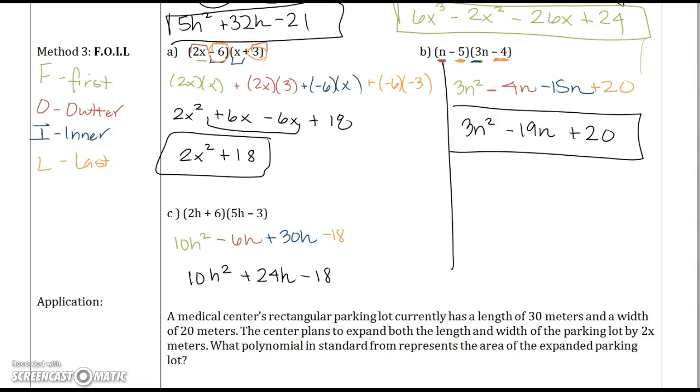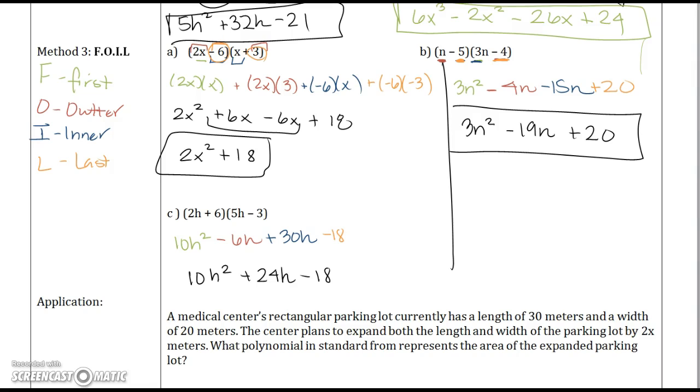Then when I combine them, I got 10h squared plus 24h minus 18. Now, here's the thing. If you hate the FOIL method, don't use it. Use the box or distributive. If you hate the box method, forget about it. Use FOIL and distributive. You have choices. I'm giving you 3 options to choose from, and whichever one you feel the most comfortable with is going to be the best option for you to use.